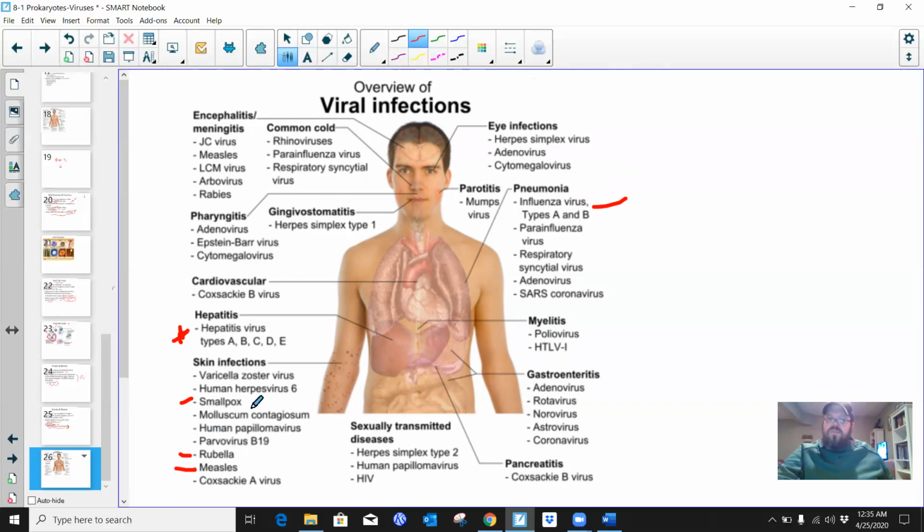These are all viruses that used to be incredibly contagious, incredibly harmful, and can be incredibly fatal, especially with very young kids. There's mumps as another one.